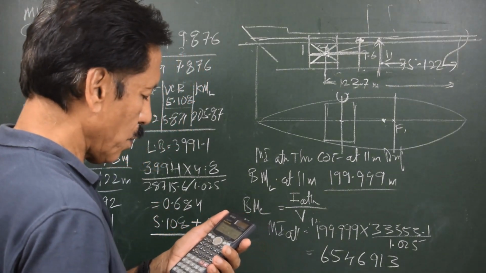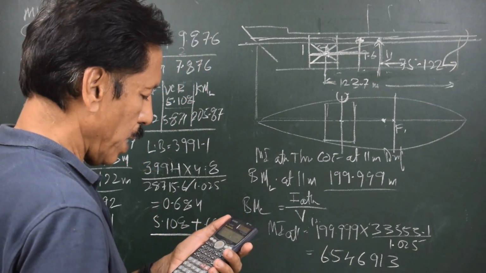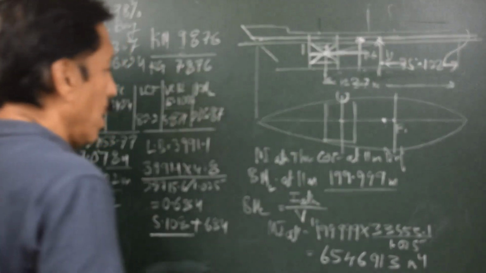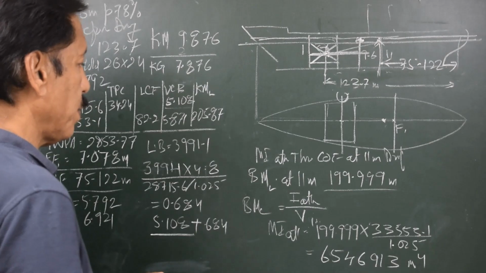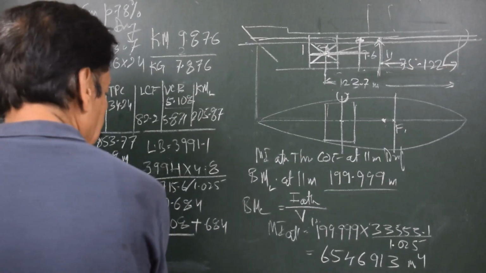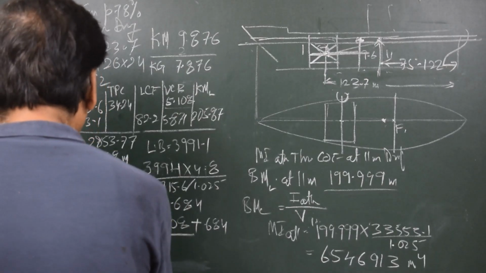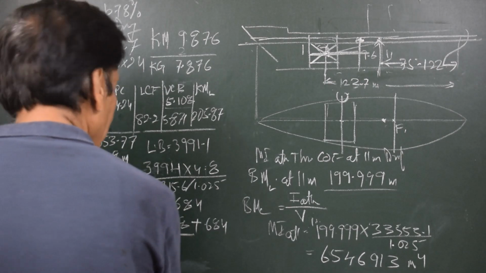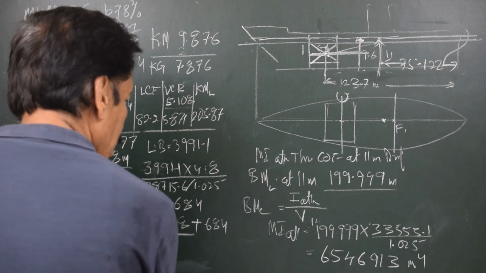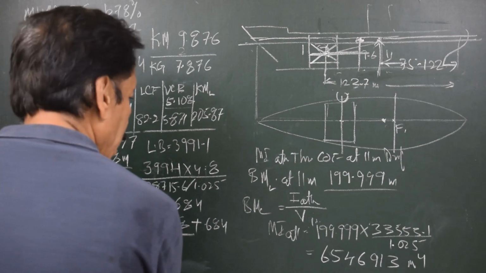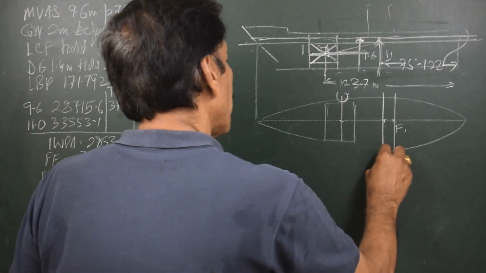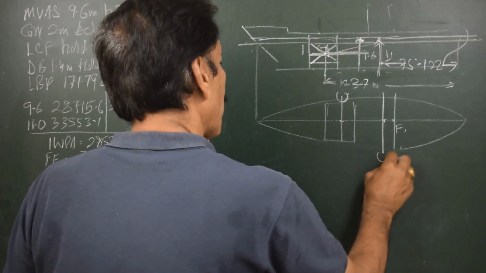So I get 6546913 meter raised to 4. Now I will write down this value here. So moment of inertia at 11-meter draft about the athwart ship axis is 6546913 meter raised to 4. Now that is the moment of inertia at 11-meter draft about the center of flotation.